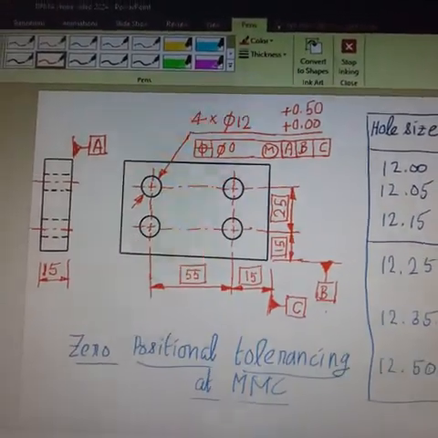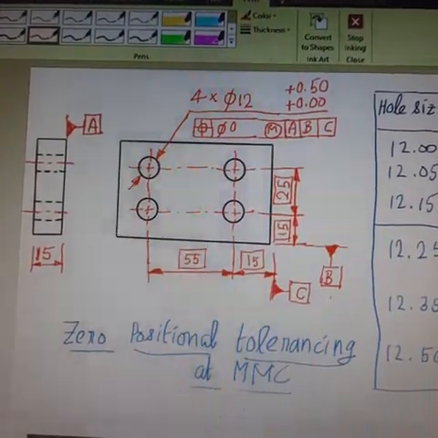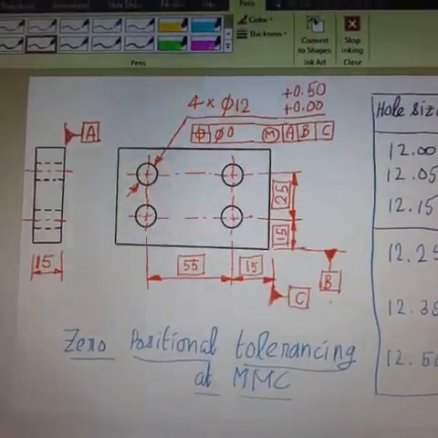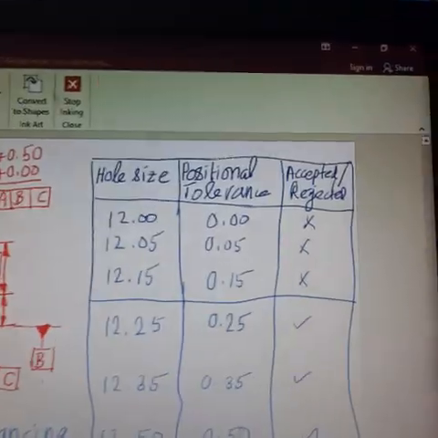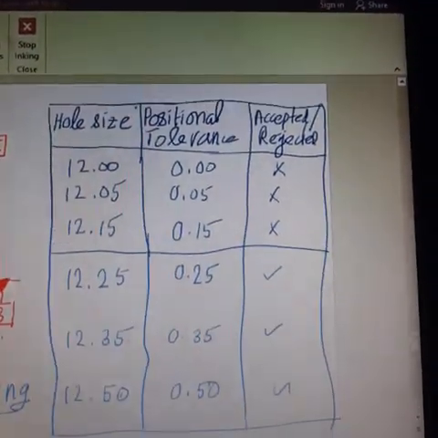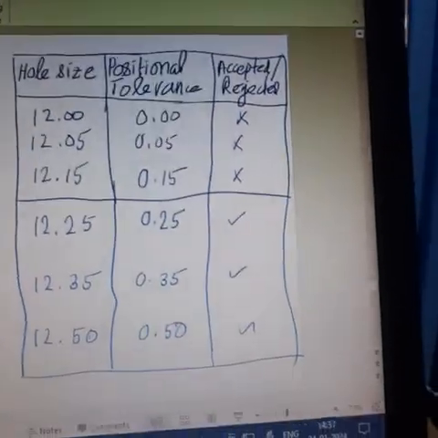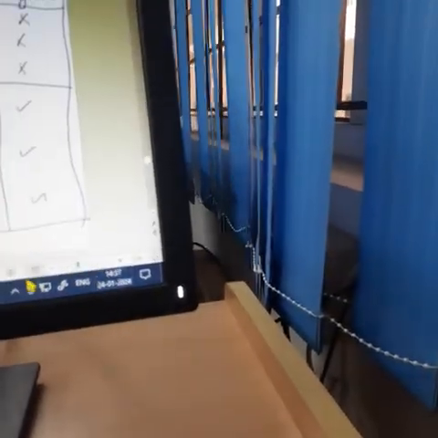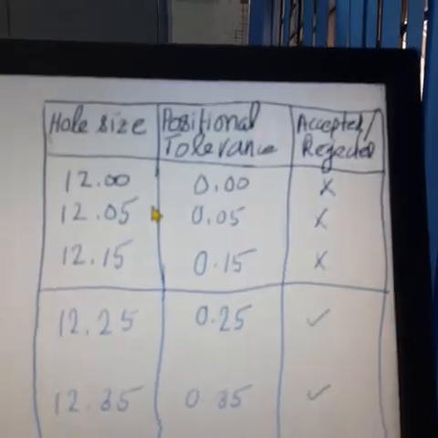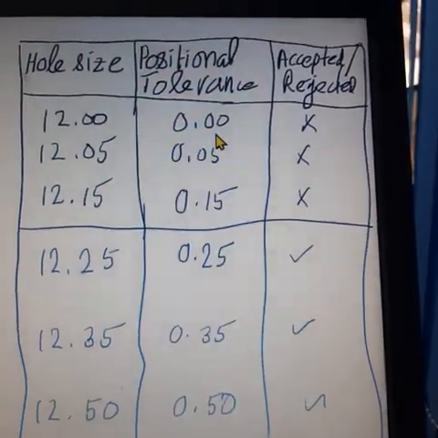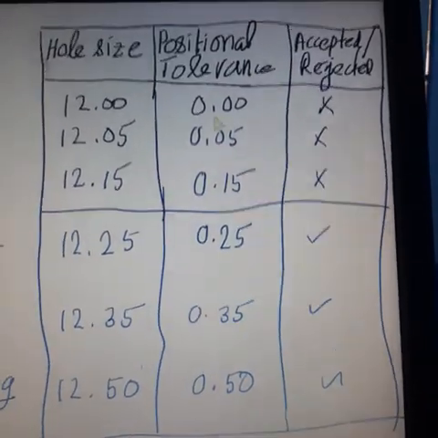When you want to convert the drawing using zero positional tolerancing, the lower limit, which was 12.25, has now been changed to 12, because we find out for which size of the hole the applicable value of position tolerance is 0. We have found it and made that change.